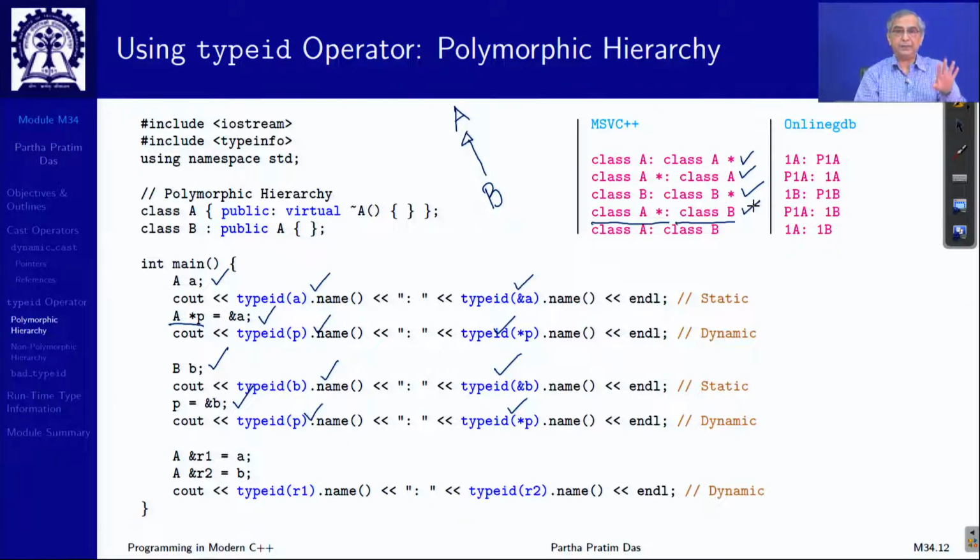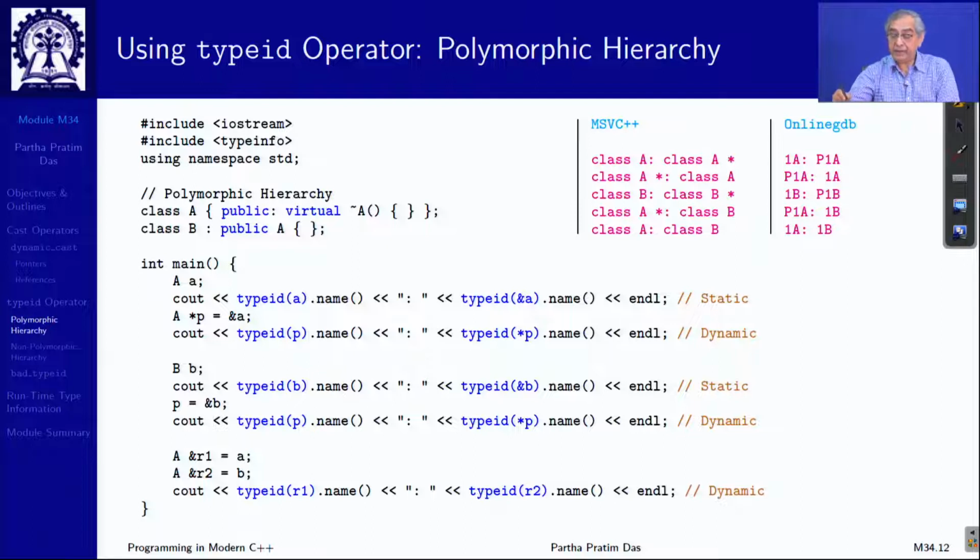You can get the entire picture through this. This is with the references. If you do this with R1 and R2, R1 is an A object, and R2 is actually a reference to a B object, but held as an A type reference. You can see it rightly says that this is an A object and this is a B object. So, this is how the typeid operator can be used.